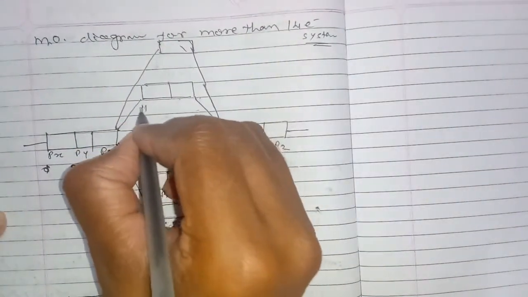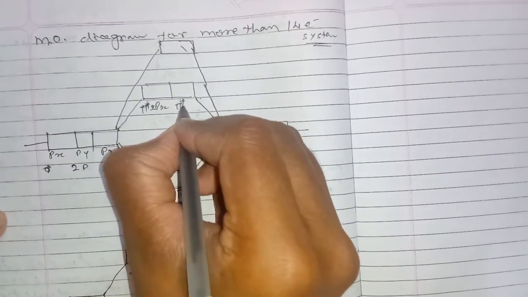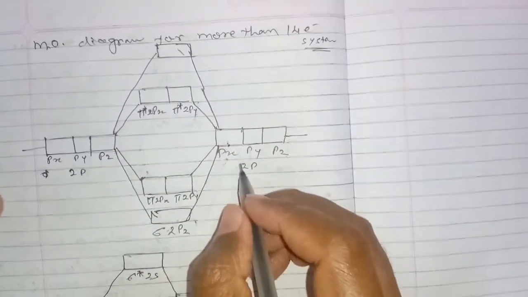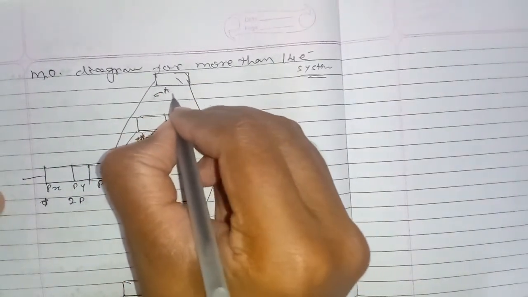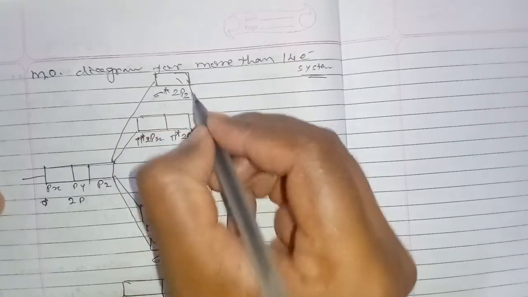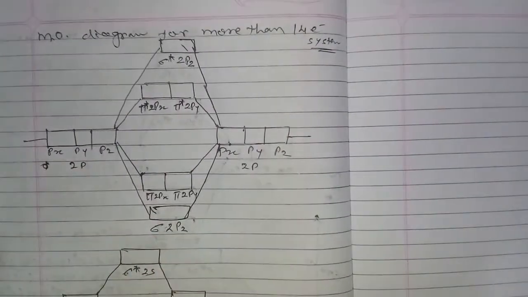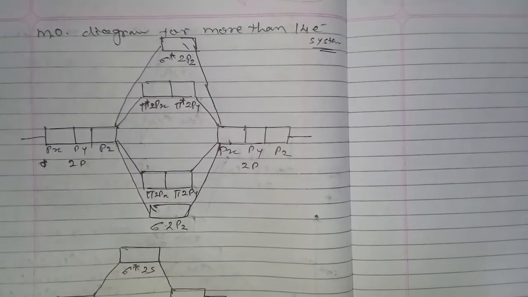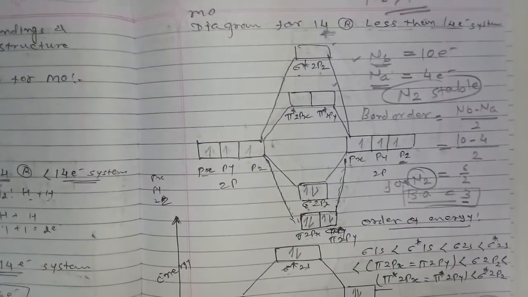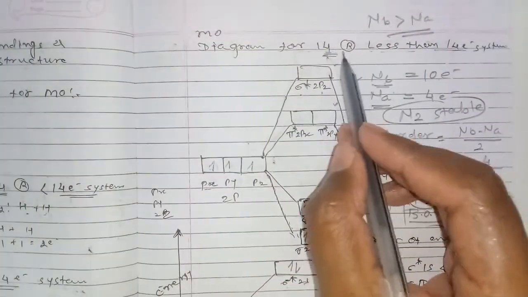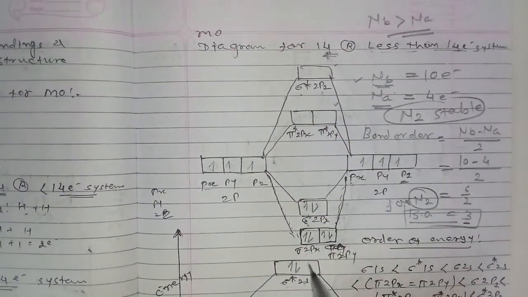Here the pi antibonding 2px, pi antibonding 2py, and sigma antibonding 2pz. This is the energy level diagram, which is a little bit different from the one for a 14 or fewer electron system.